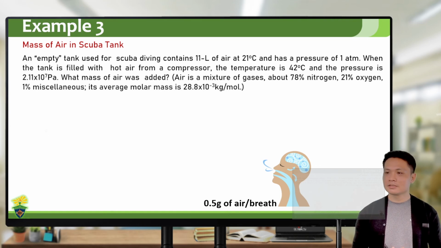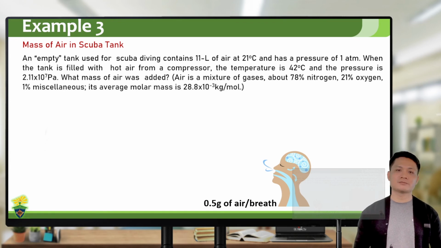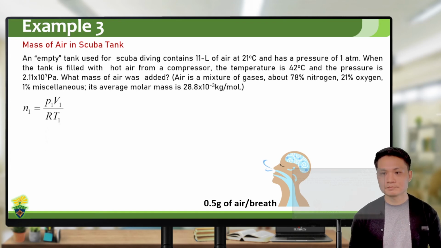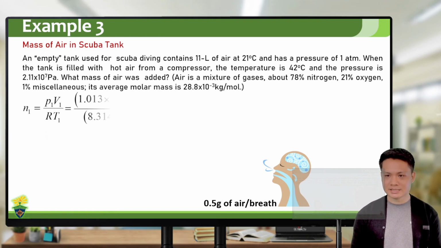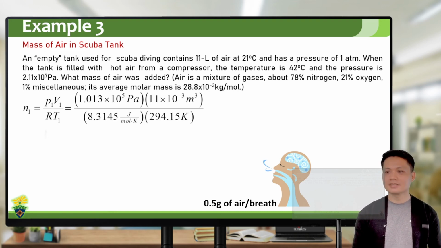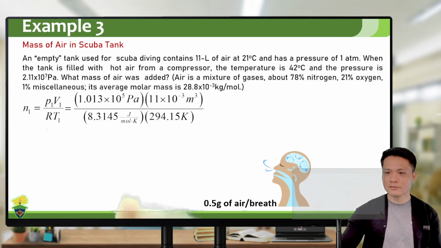Remember that air is a mixture of 78% nitrogen, 21% oxygen, and 1% unknown gas molecules, with an average molar mass of 28.8 times 10 to the power of minus 3 kilogram per mole. So, first we will solve for the amount of gas. That is, we have these values.